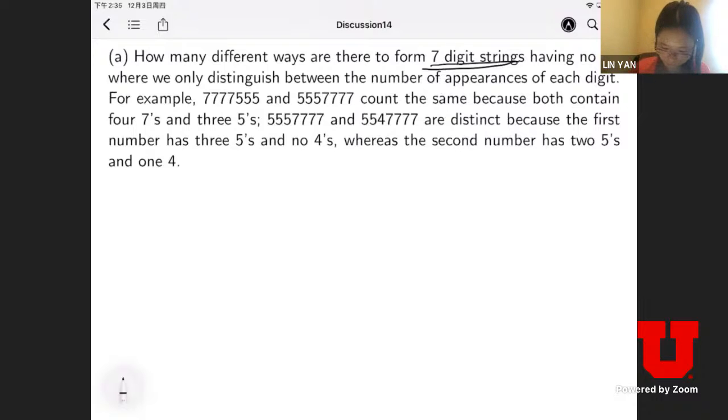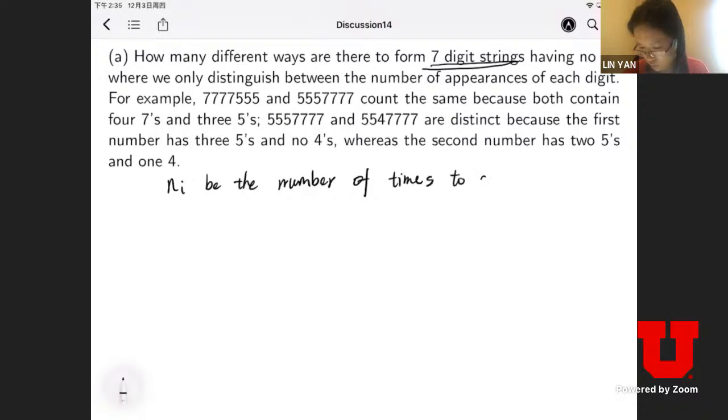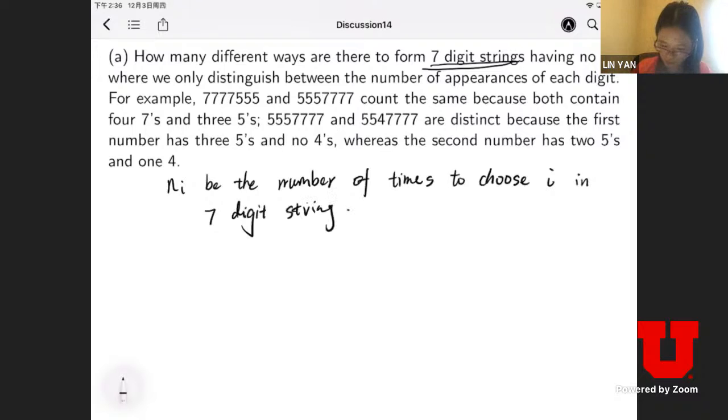Let ni be the number of times we choose i in the digit string. Then we know n1 plus n2 plus up to n9 is equal to 7.